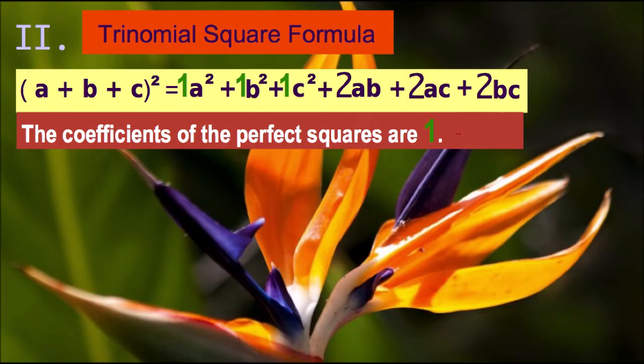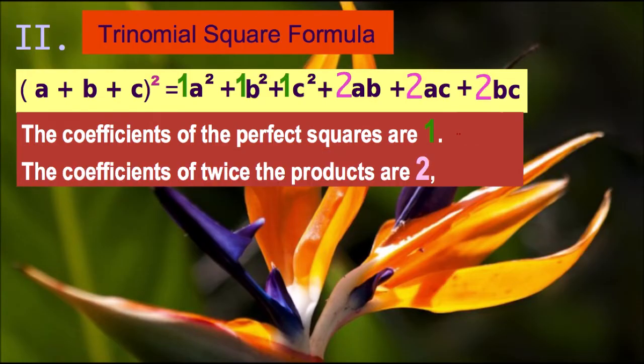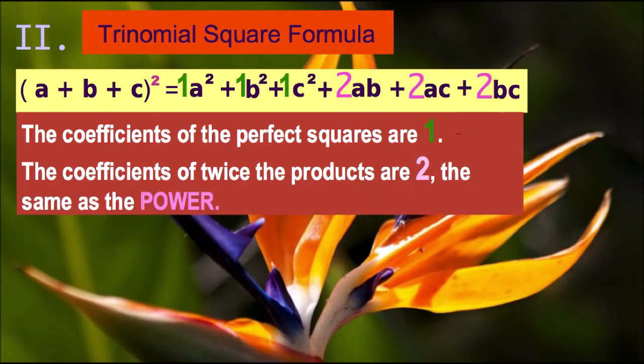The coefficients of the perfect squares are 1, and the coefficients of twice the products are 2, the same as the power.